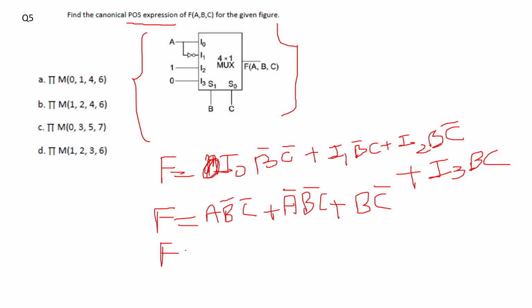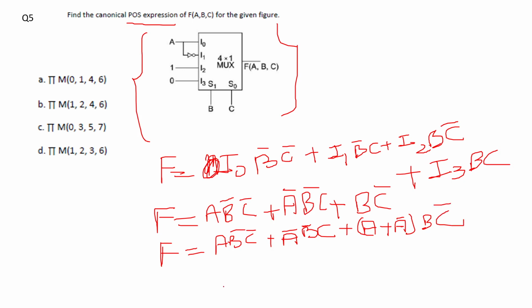Now I need to write it in standard minterm form. So I write A B C' plus A' B' C plus, using A plus A' for the term B C', A B C' plus A' B C'. So it will be equal to A B C' plus A' B' C plus A B C' plus A' B C'.